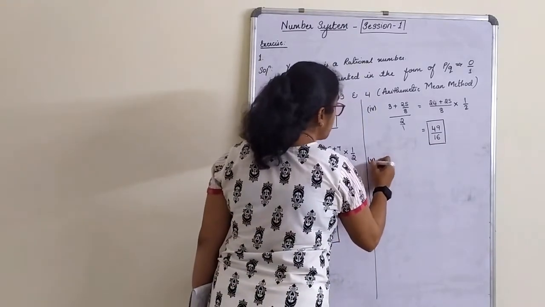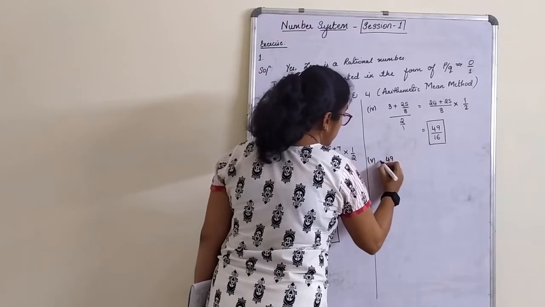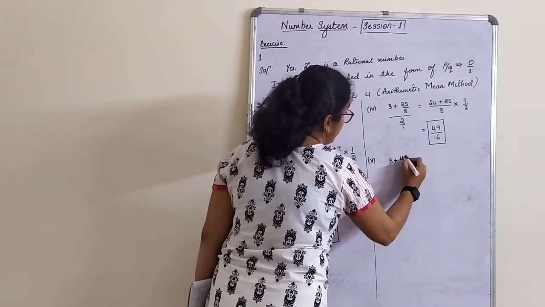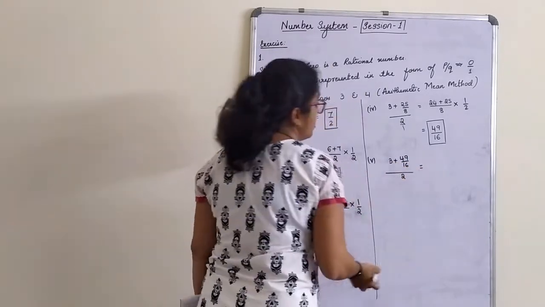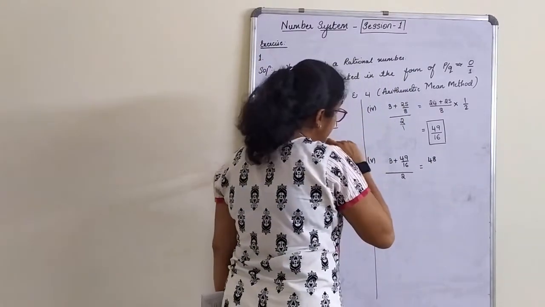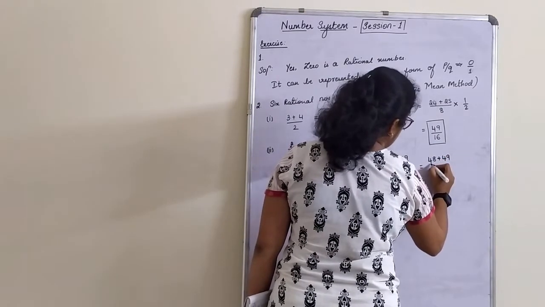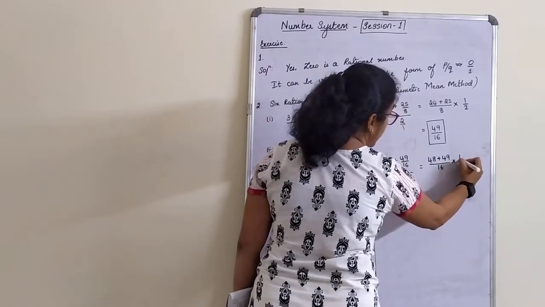Fifth one. 3 plus 49 by 16, whole divided by 2. So 16 3s are 48. So 48 plus 49 divided by 16, into 1 by 2.